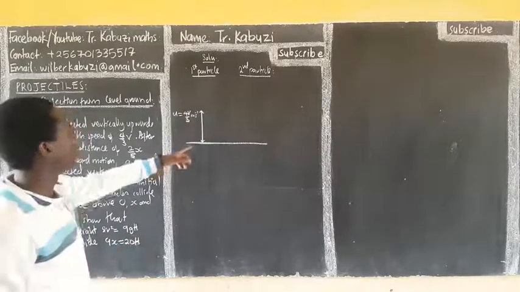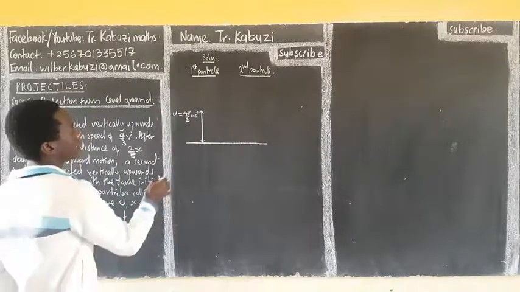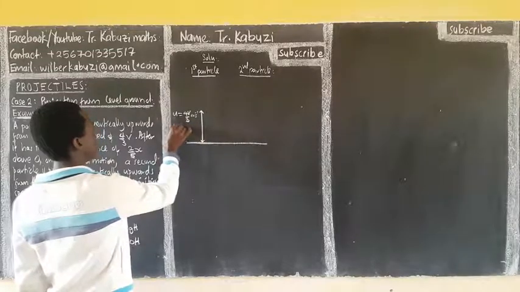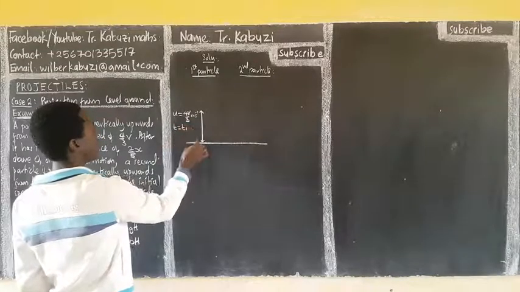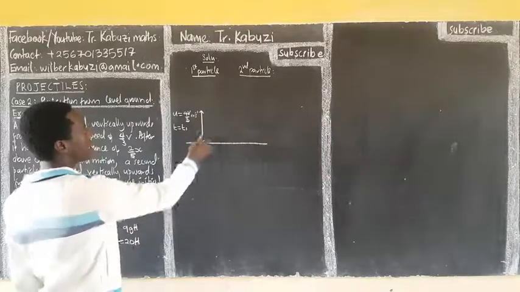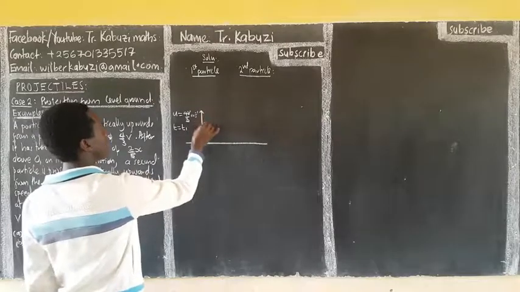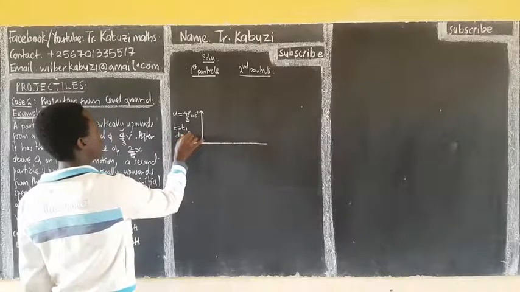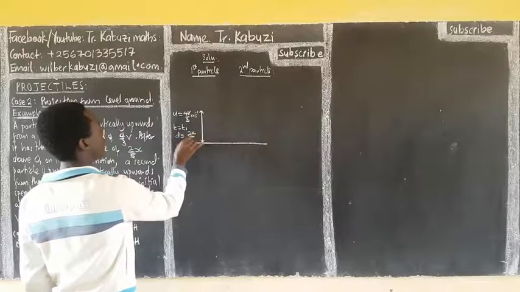Now, let us say the time it has used to cover here, let us call that t1, from here up to here. The distance here is going to be 2x over 5.